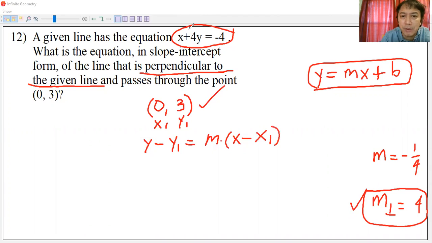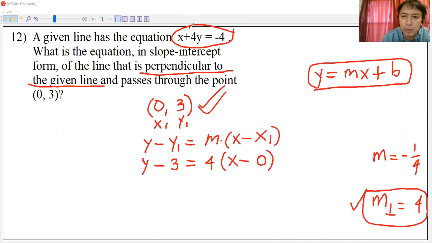Direct substitution now: y minus 3, that's our y1, equals m, that's 4, times the quantity x minus x1, that happens to be just 0.